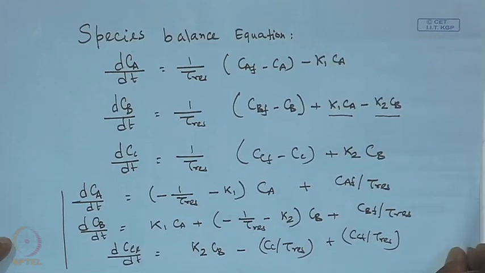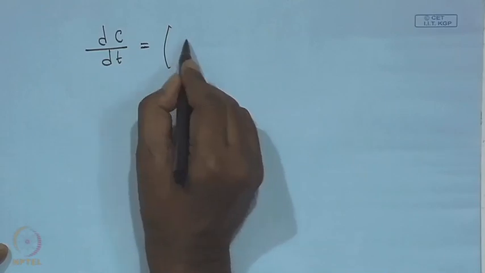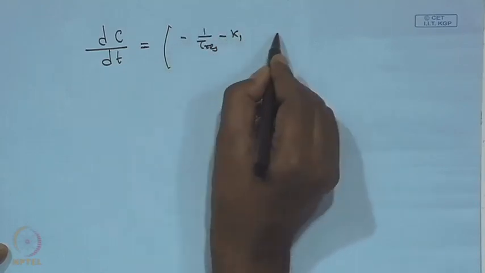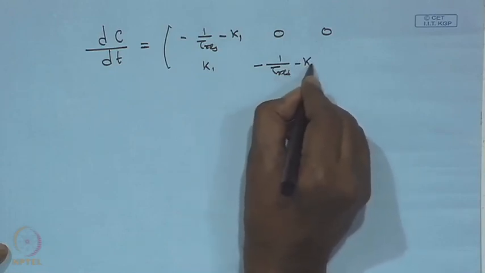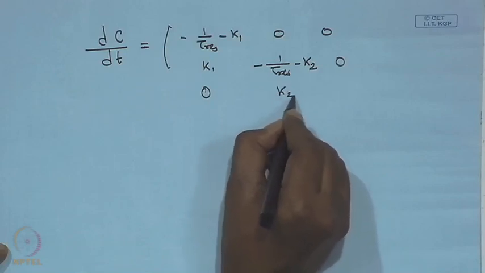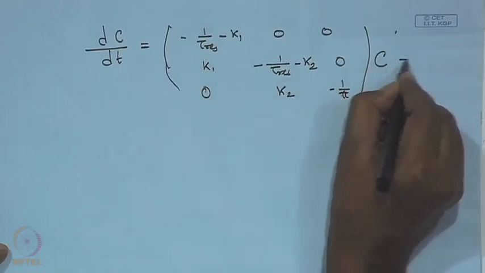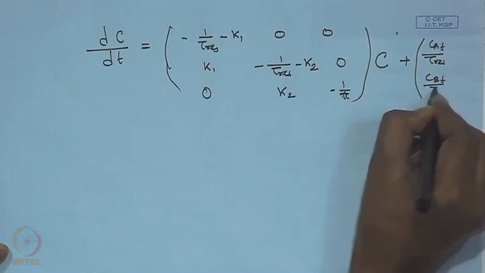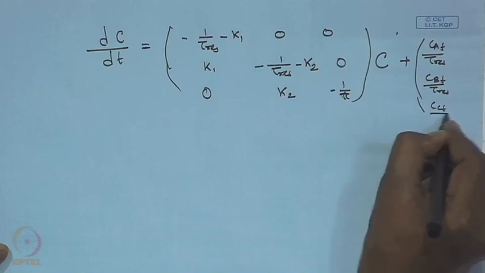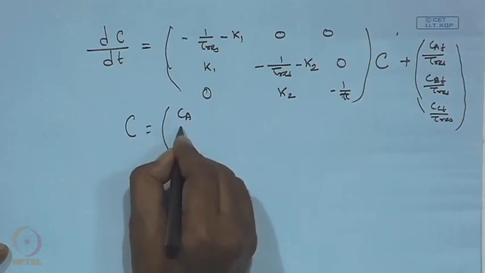So, we can write dC dt in a more compact matrix notation: the matrix with rows minus 1 by tau minus K1, 0, 0; K1, minus 1 by tau minus K2, 0; 0, K2, minus 1 by tau; times C, plus the vector CAF divided by tau, CBF divided by tau and CCF divided by tau, where the vector C is basically given by CA, CB, CC.